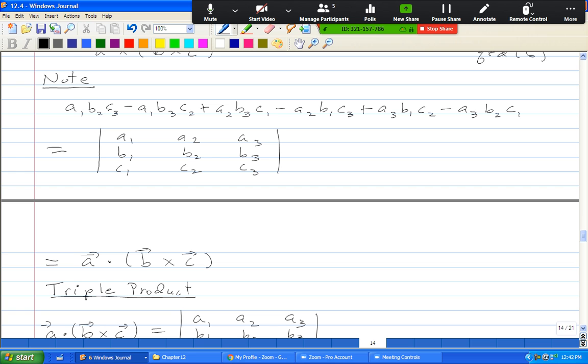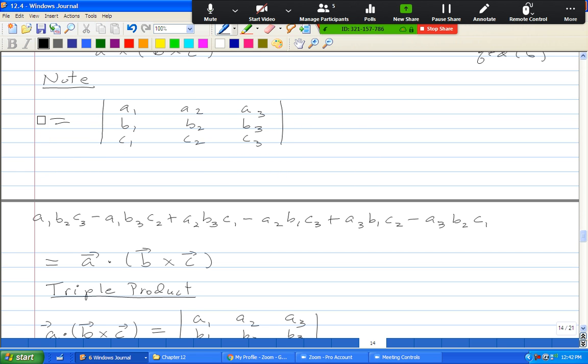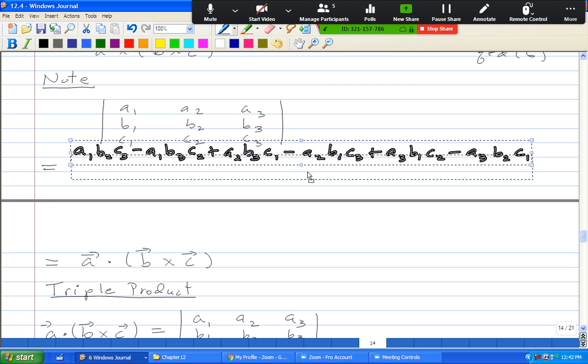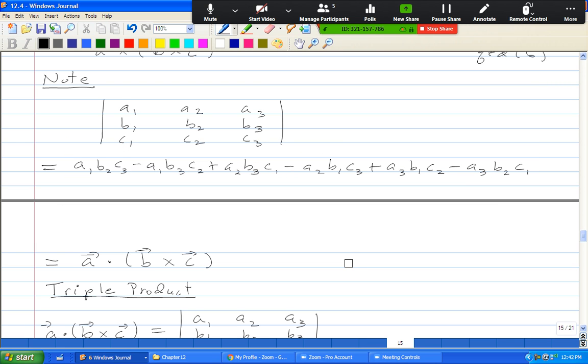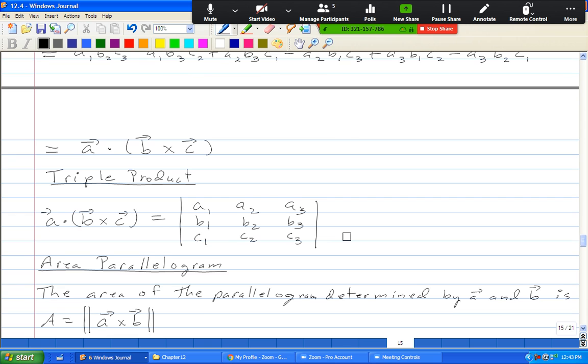One second. Let me correct this little glitch in logic. Okay, there. So the triple product is defined as A dot B cross C, which is just this determinant.